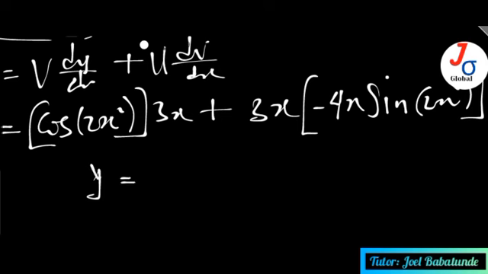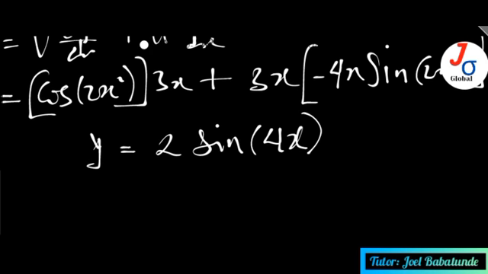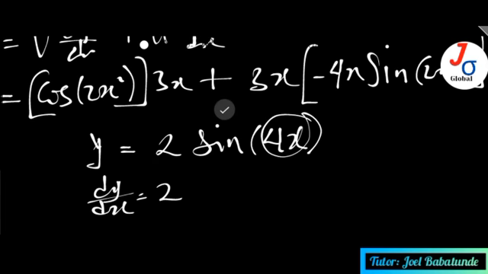Let's say you have y equals 2 sine 4x. What's the derivative of this? First, use your head. If you differentiate 4x, what should you get? You should get 4. So the 2 is multiplied by the derivative of the inside, so you get times 4.